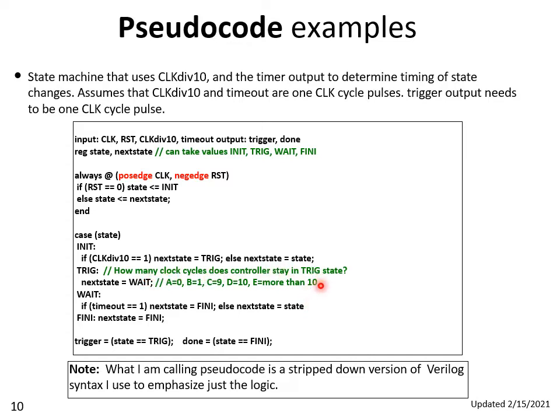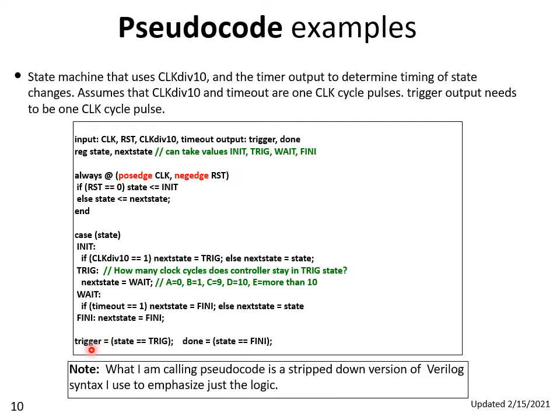In class, I might have made that a clicker question. When it gets to the wait state, it's waiting for timeout to be asserted, at which point the state machine will go to fini. Otherwise, it remains in the current state until that event. And then finally, when we get to the terminal state, then the next state is the same state, and it will stay there until the next reset.